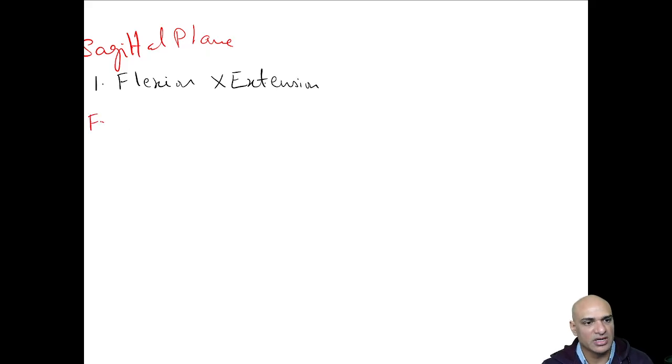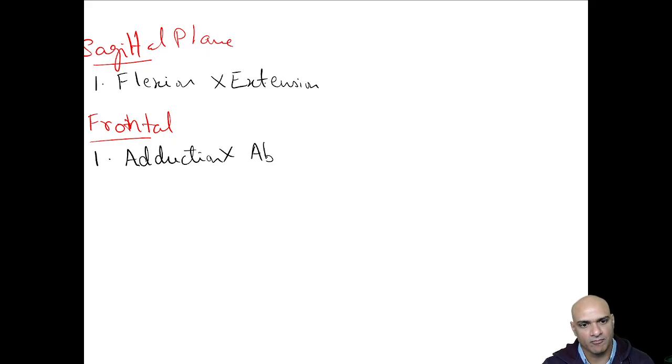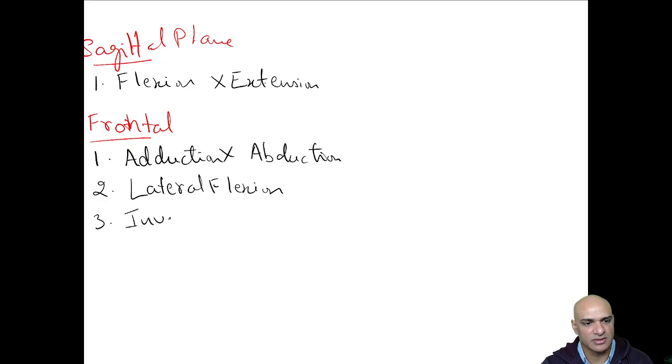Next, we have the frontal plane, and in the frontal plane, we can have adduction and abduction. We can have lateral flexion, and we can have, with respect to the foot, inversion and eversion.